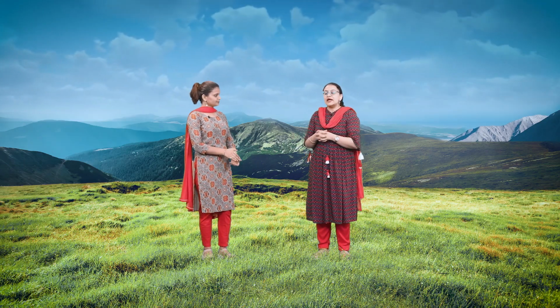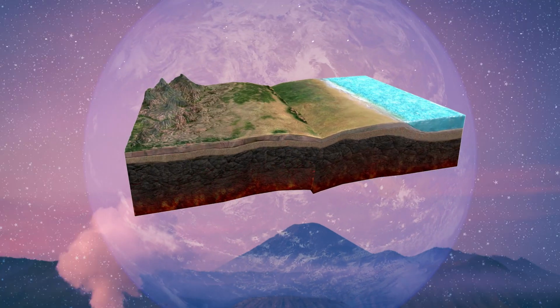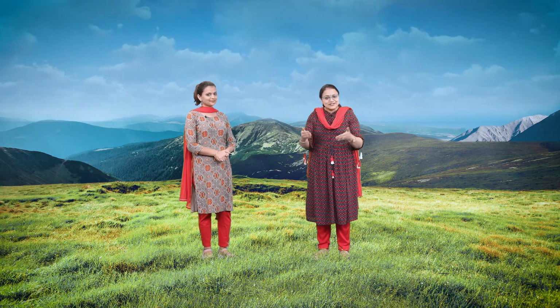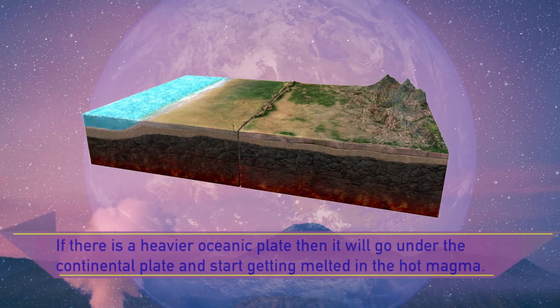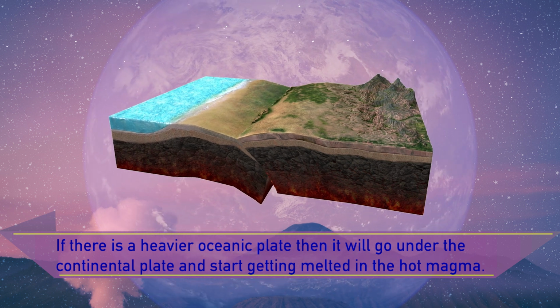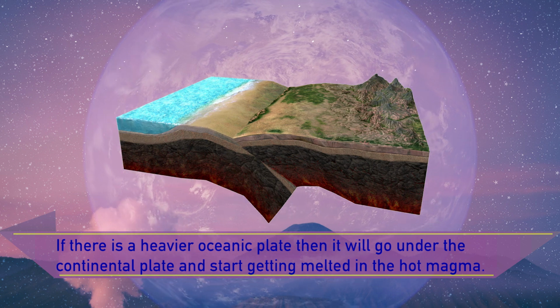Suppose that I am heavier than you. Oh, okay. So what will happen then? You will go below me? Exactly. So at the convergent plate boundary, if there is a heavier oceanic plate, then it will go under the continental plate and start getting melted in the hot magma.